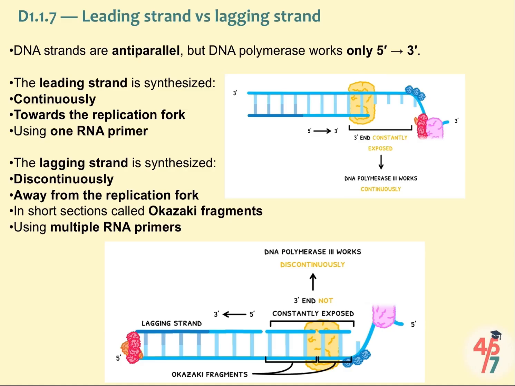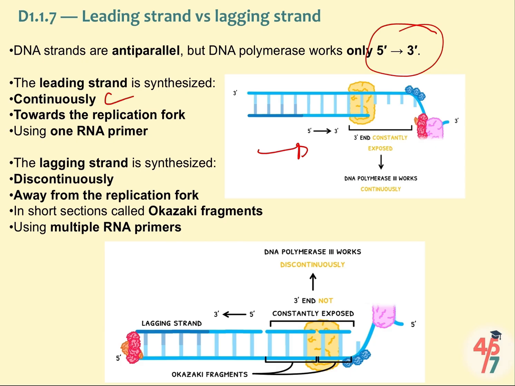Now for the leading and lagging strand. Because of that 5' to 3' rule, as we have mentioned, we have a problem on one strand, the lagging strand. The leading strand is very easy. It points towards the replication fork, so it goes from 5' to 3'. It works continuously, and everything is very peaceful here.